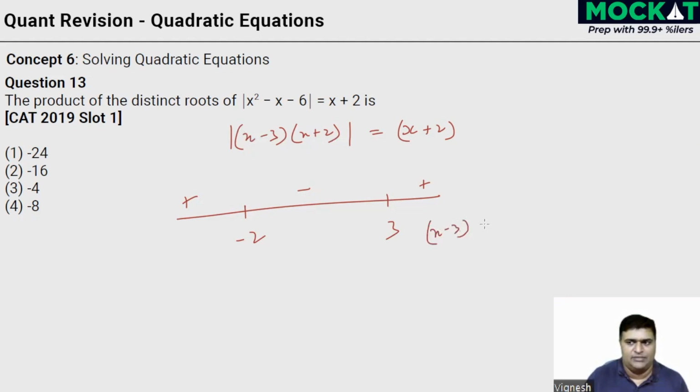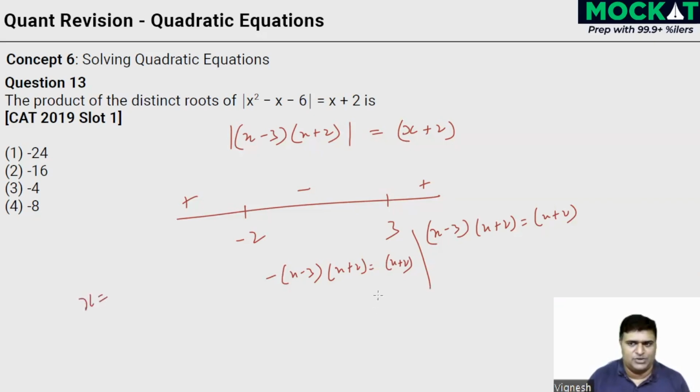x minus 3 into x plus 2 equals x plus 2, right? Where it's negative, it's going to open up as minus of x minus 3 into x plus 2 equals x plus 2, right? If I'm going to be cancelling x plus 2 on both sides, what is that one thing I need to note down?